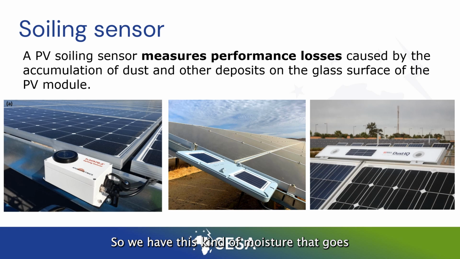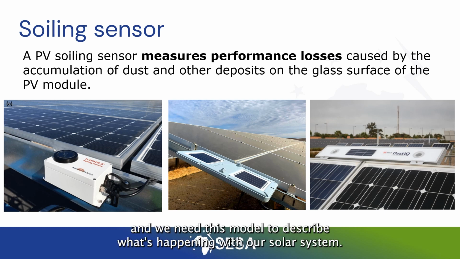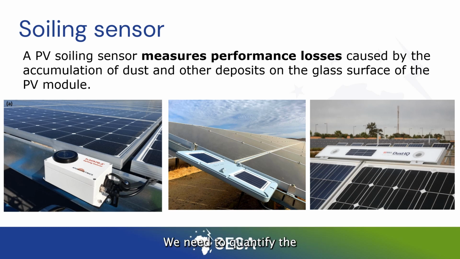So we have this kind of dirt that settles on the surface of any of these solar panels, and as the study goes, we need the right model to describe what's happening with our solar system. We need to quantify the direct effect of, for example, the soiling, or how we say, the accumulation of these deposits on the glass.